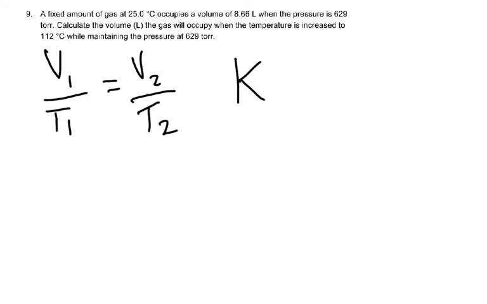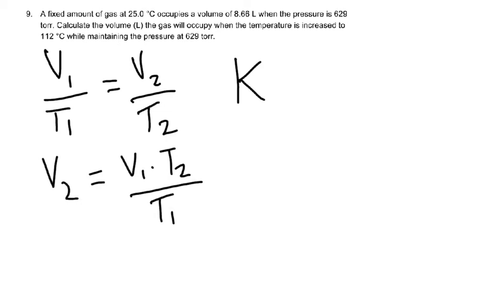So we need to convert each one of these temperatures to Kelvin. We're going to be finding V2, so we can just rearrange this equation too while we're at it. So V2 is going to equal V1 times T2 over T1.